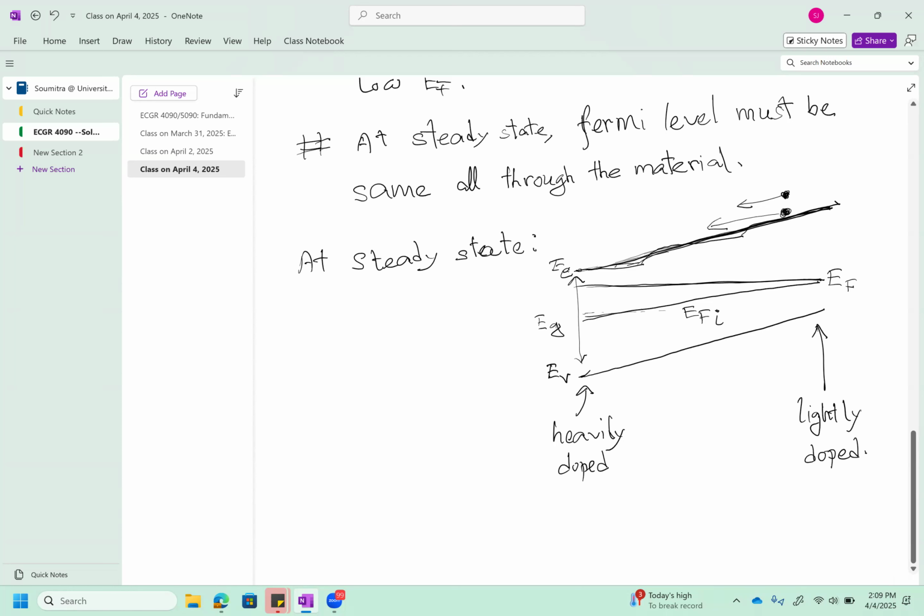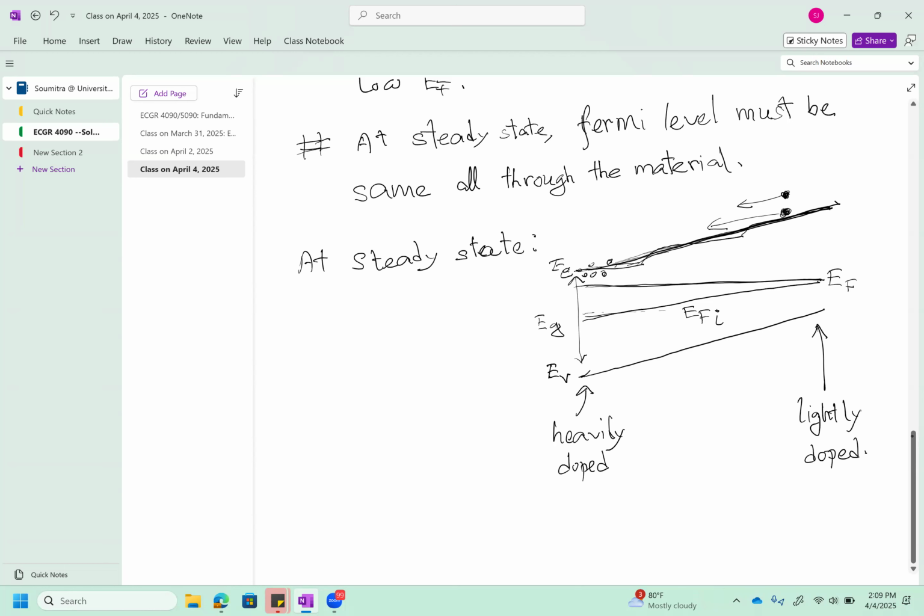You see, the problem here is that at this state, we cannot really set a steady state because it is bent and electrons must come from right to left. So what is missing from this picture is that diffusion part. So on the left side, I know that we doped it very heavily, so we must have a lot of electrons, right?